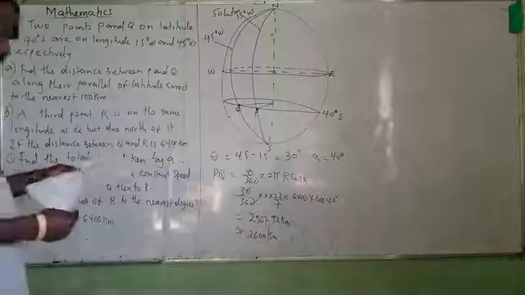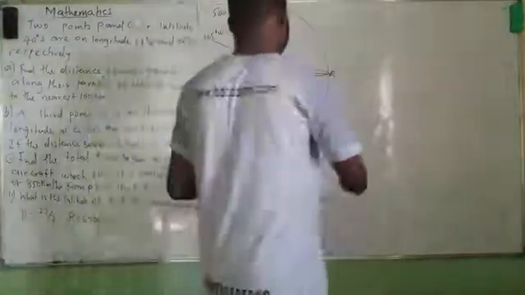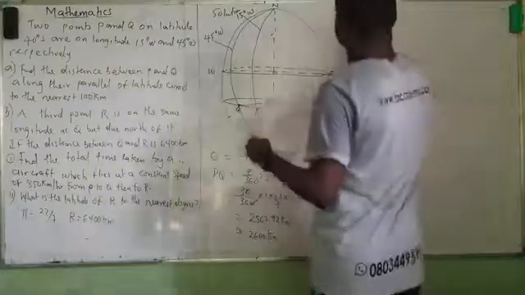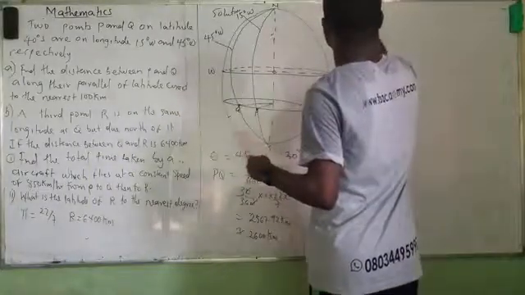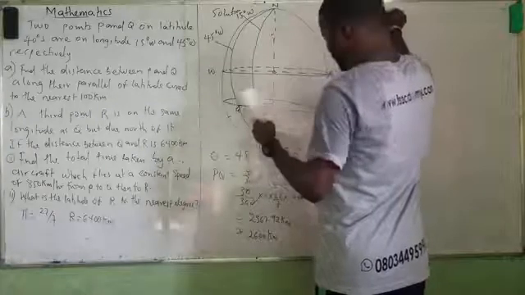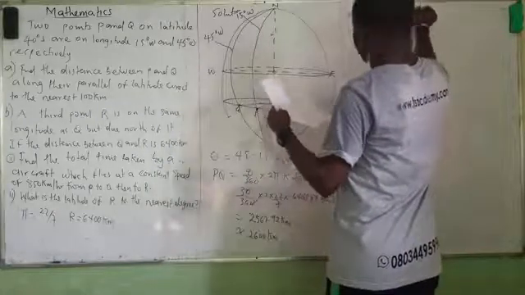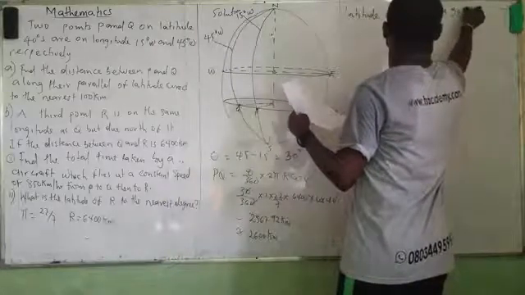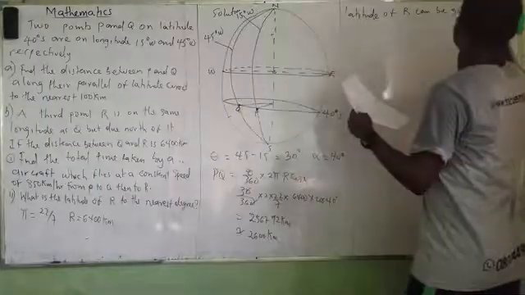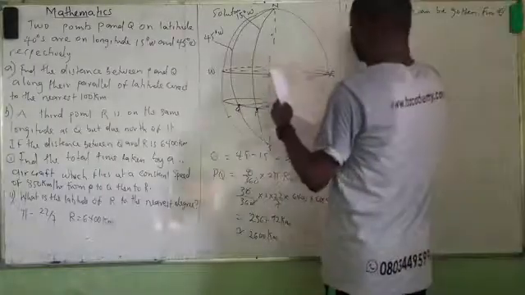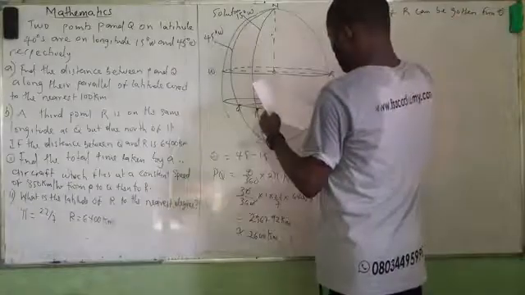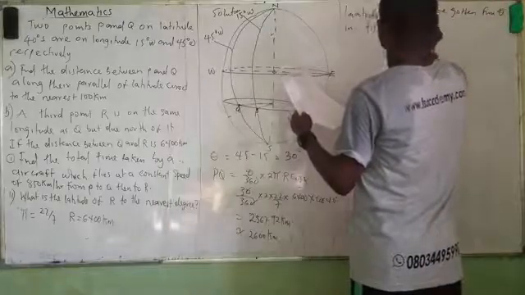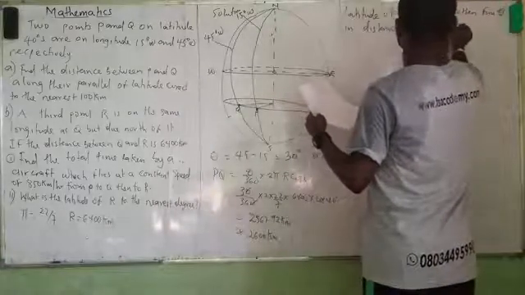The next thing I want us to work on is the question demand for latitude of R, which can be gotten from theta in distance along longitude.